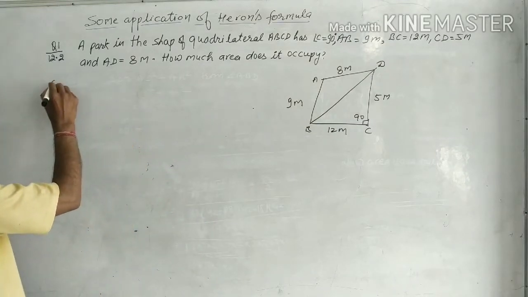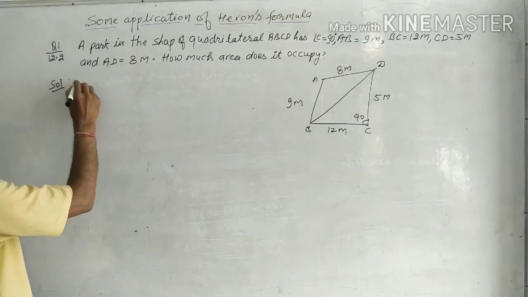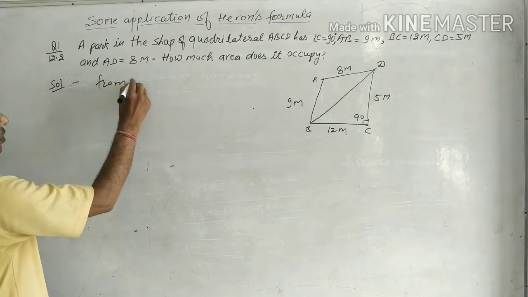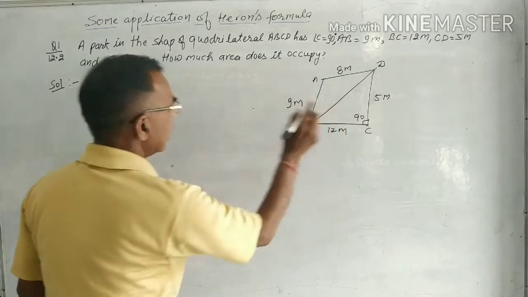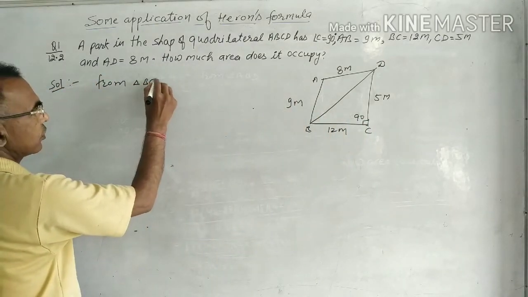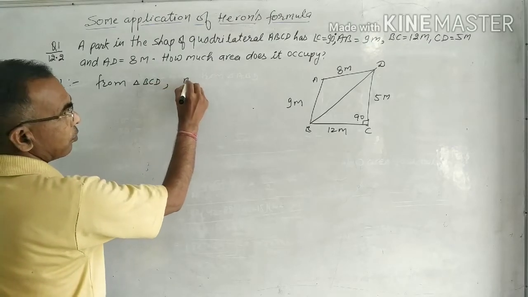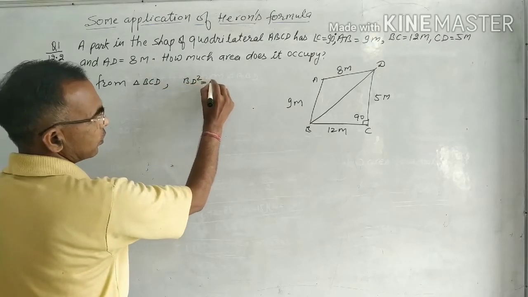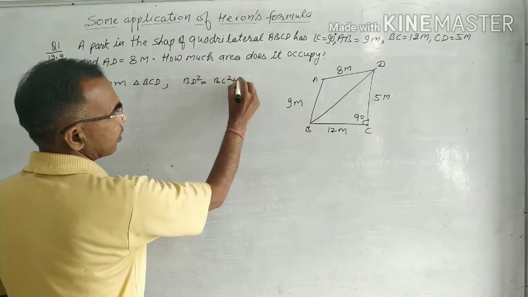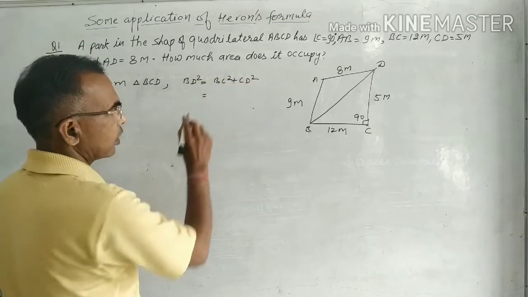Now from triangle BCD, BD square equals BC square plus CD square.